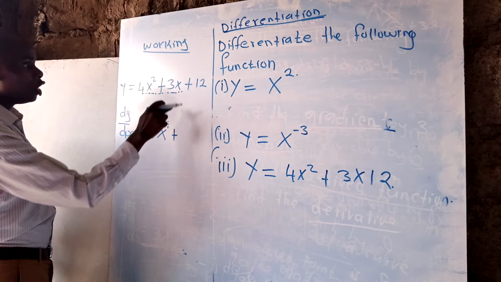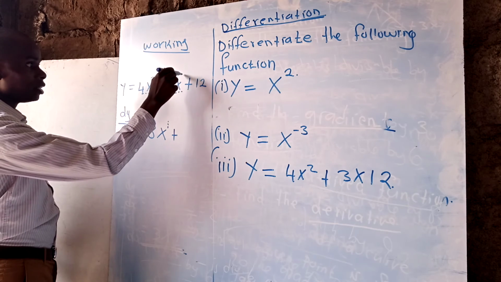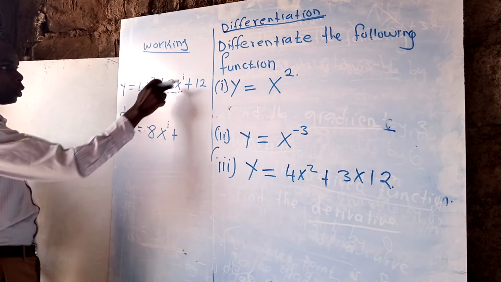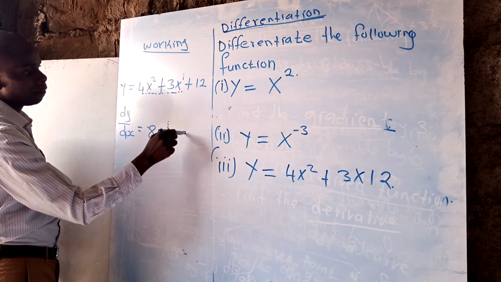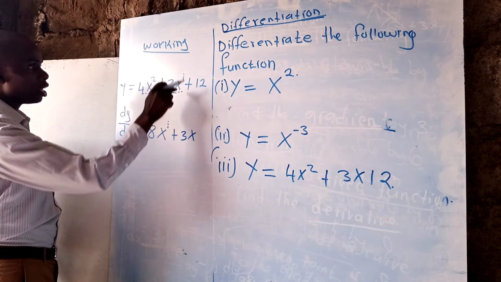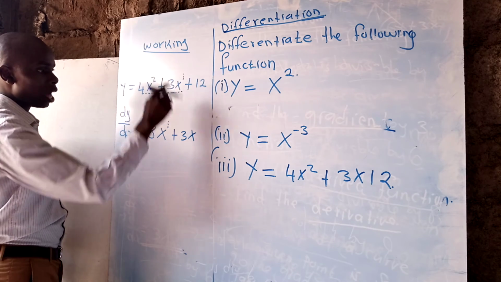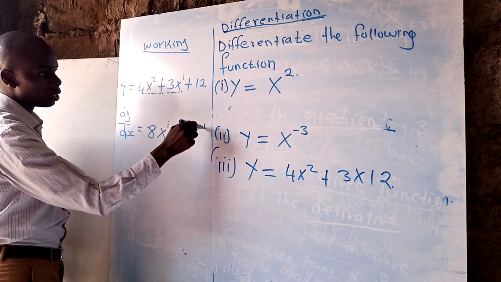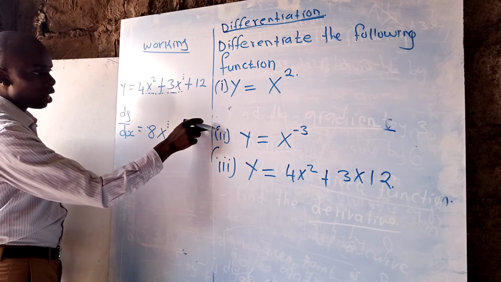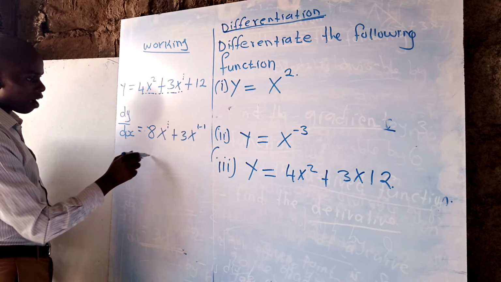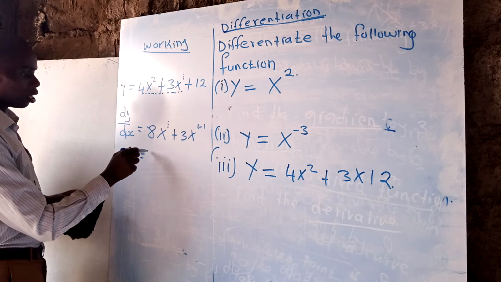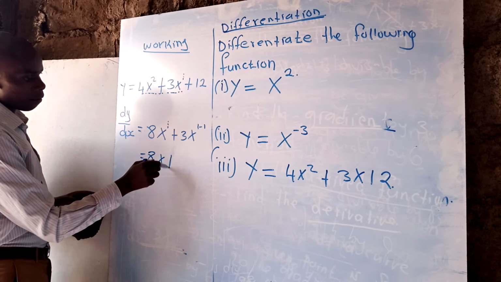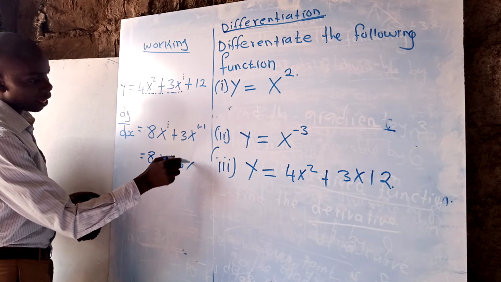Plus, if we don't have a power here, we assume that the power is just 1. So we take this 1, we multiply by 3. It's going to be 3x. The power which is 1 here, take away 1, is 1 minus 1, which is 0. So we're going to have 8x plus 3x raised to 0.